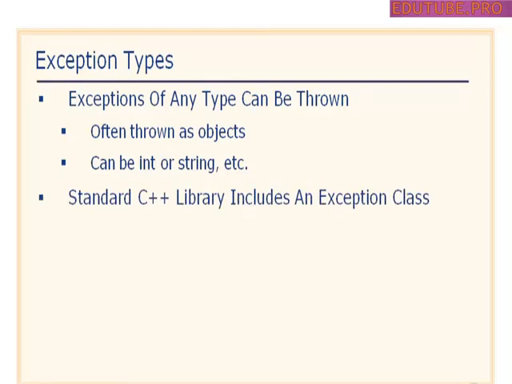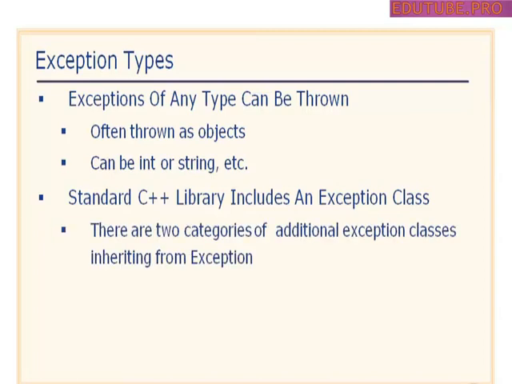Now, the standard C++ library includes an exception class, and that's the name of it, exception. Within that there are two categories of additional exception classes that inherit from exception. If you remember from our inheritance videos, that means they're derived from exception, and these are called logic error and runtime error.